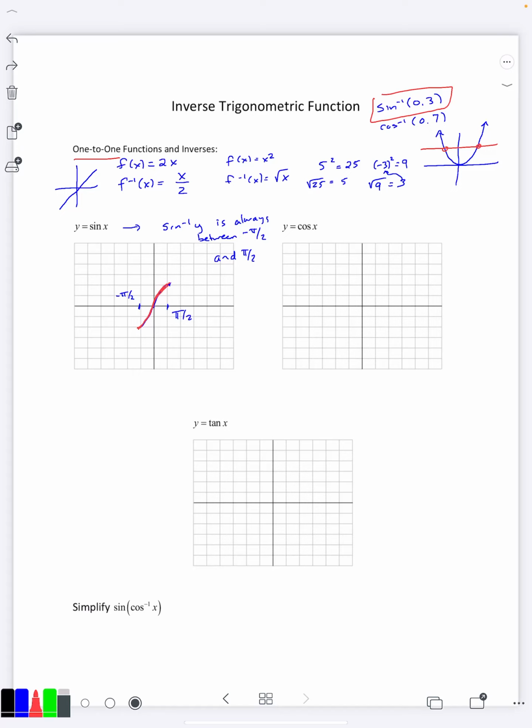On the other hand, if you knew your angle was in quadrant 4, then you could use sine inverse because quadrant 4 is between 0 degrees and negative 90 degrees. All right, let's go draw the unit circle up here. Quadrant 4 is from 0 to negative 90. So if you did sine inverse and got an answer, it would be in quadrant 4. But the thing is, what if the value you're looking for is not in quadrant 4, it's in quadrant 2 or quadrant 3?